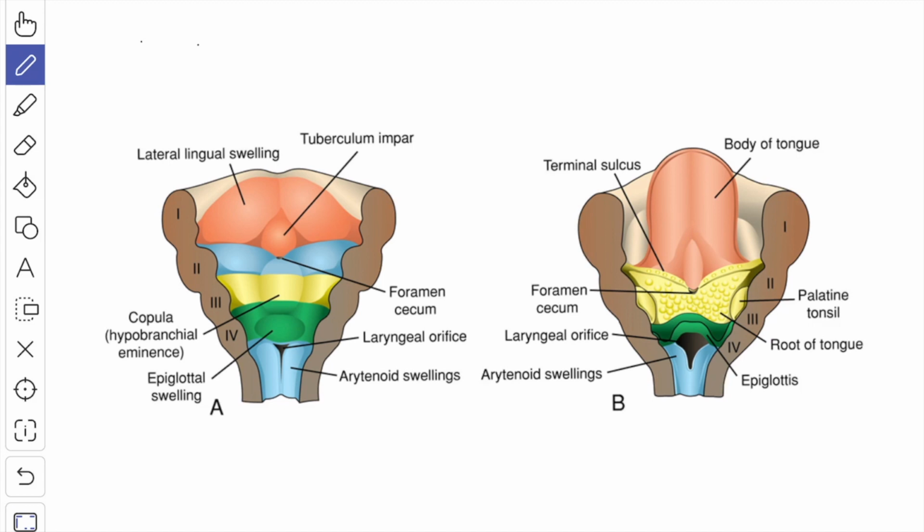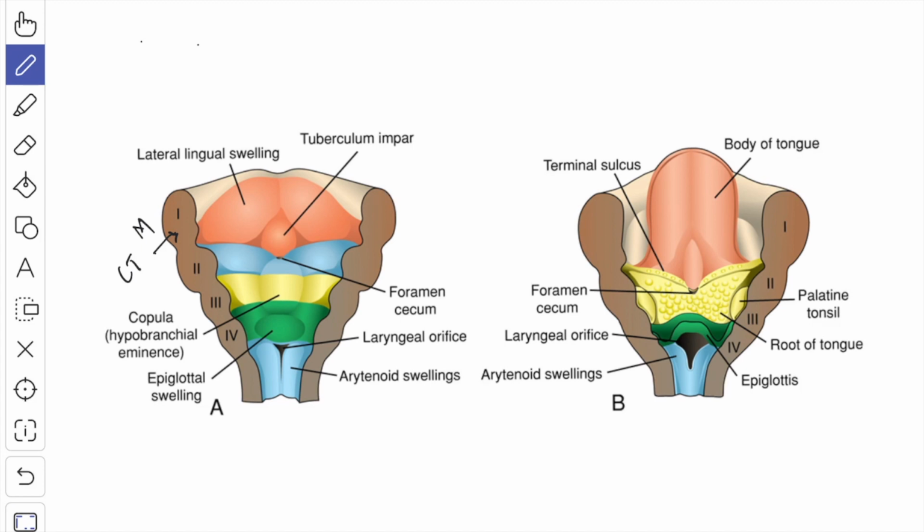The composite development of the mucous membrane is represented by its sensory supply. The lingual nerve, which is a branch from the mandibular nerve, is a nerve of the first arch. So this supplies the anterior 2/3 of the tongue. Likewise, the chorda tympani nerve, which is the pretrematic nerve of the first arch, also supplies the anterior 2/3 of the tongue.